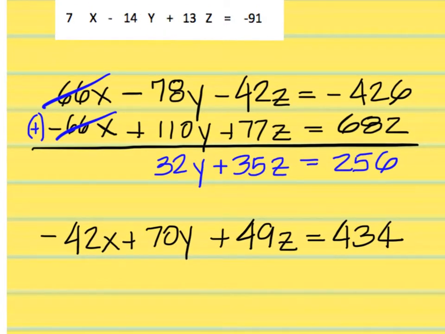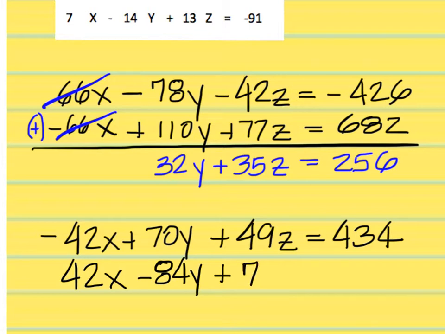Then on the bottom one, multiply that by 6 to get 42x minus, and that's going to be 14 times 6, which is 84y, and then plus 13 times 6 is 78, so 78z, and then a negative 91 times 6 is negative 546.